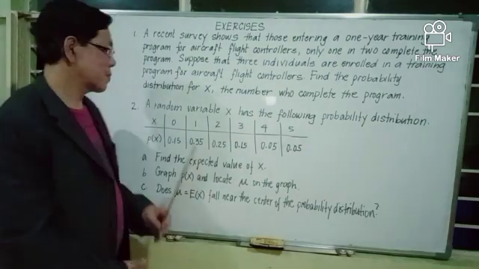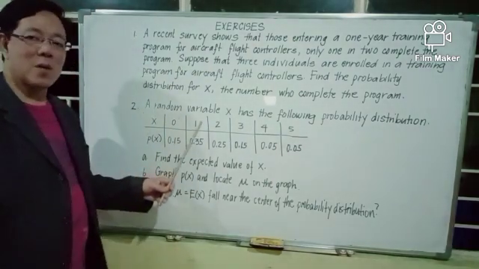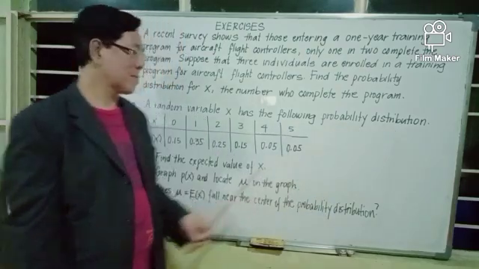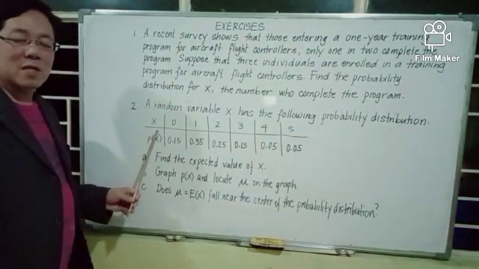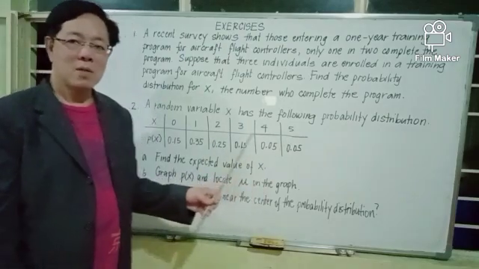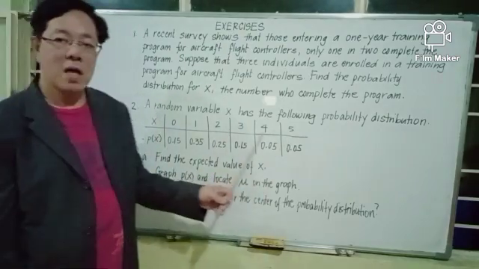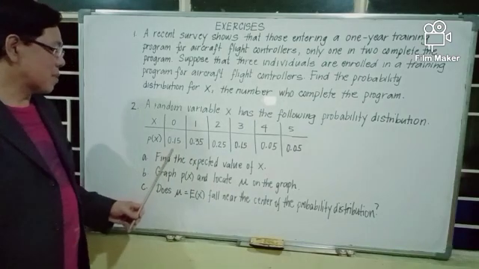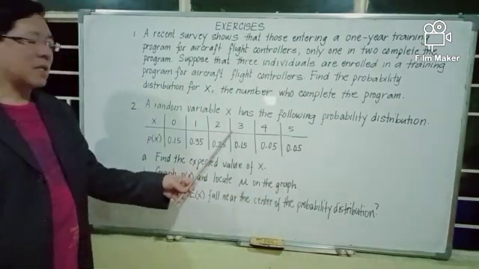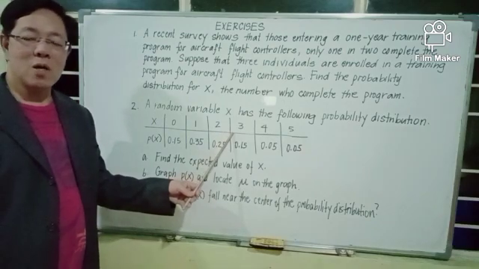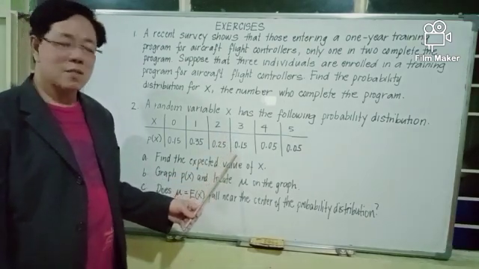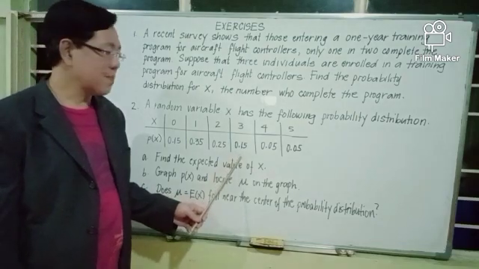Number 2, a random variable x has the following probability distribution. These are the values of the discrete random variable x. The values range from 0 to 5, and their corresponding probabilities are also given in this table. When the value of the discrete random variable x is 3, the probability that x is 3 is 0.15.